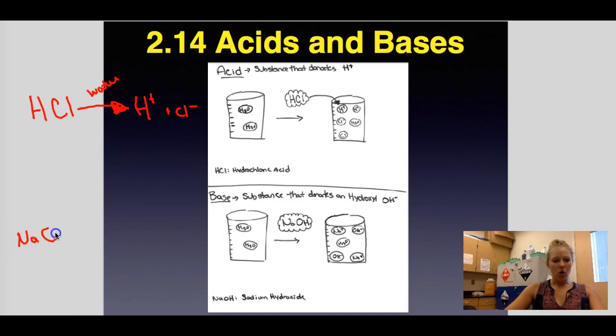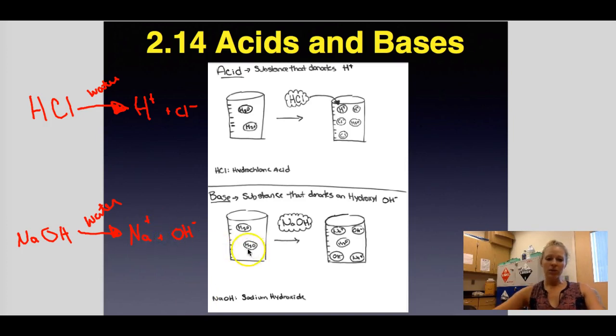NaOH is our base that we're using. If we put this into an aqueous solution, water, being the universal solvent, is going to break this down. You're going to have Na+ and OH-.